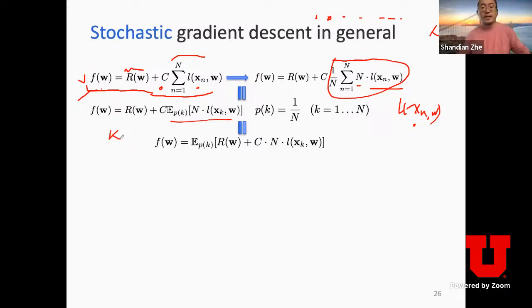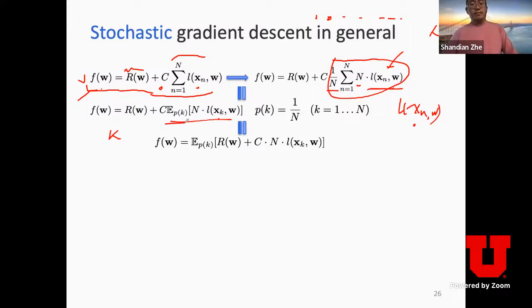The expectation of N times L of xk, w, where xk is the selected data point, follows the definition: the sum over every possible sample of the function value times the probability of taking the sample. The probability is 1 over N, and the function value for that sample is N times the loss on xn.